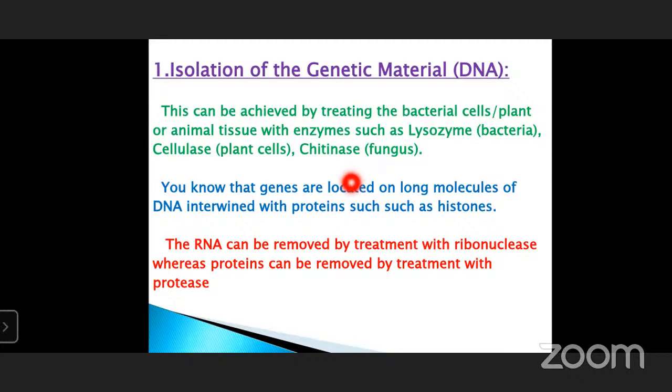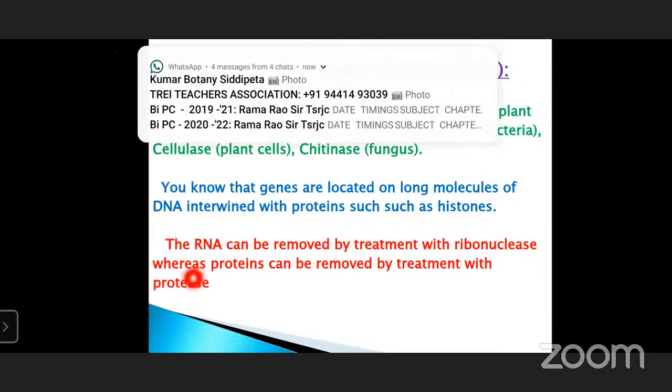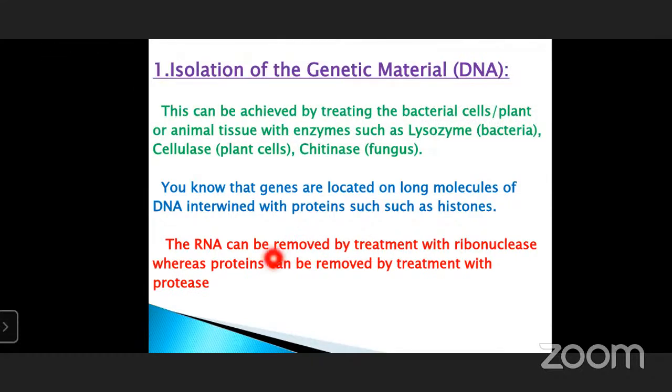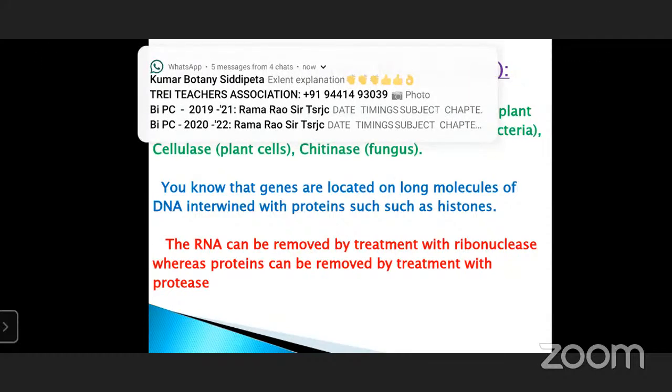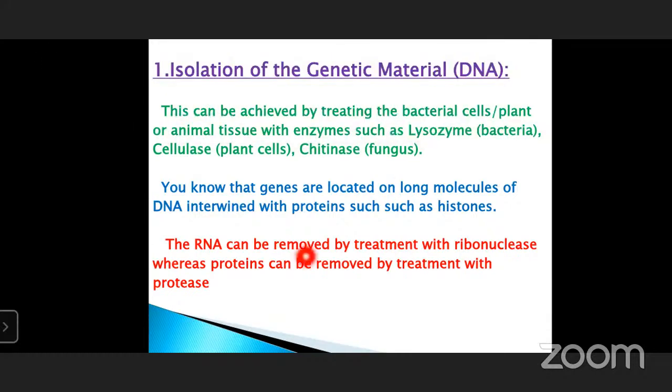Along with the DNA molecule, proteins as well as RNA molecules are present. So proteins are removed with the help of protease enzyme, and RNA is removed with the help of ribonuclease enzyme. With the help of this enzyme action, cell wall, proteins and RNA can be removed and the DNA molecule is separated.